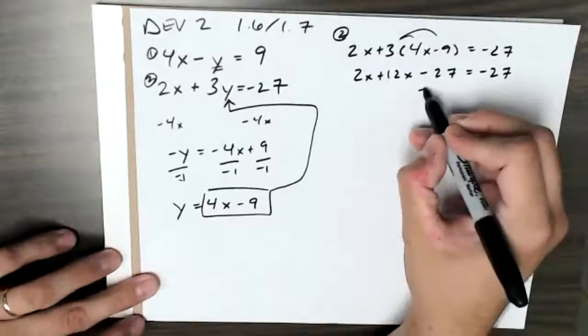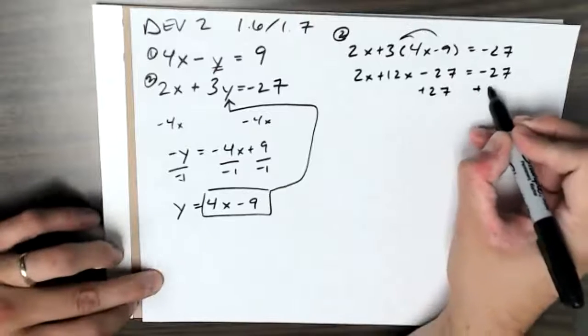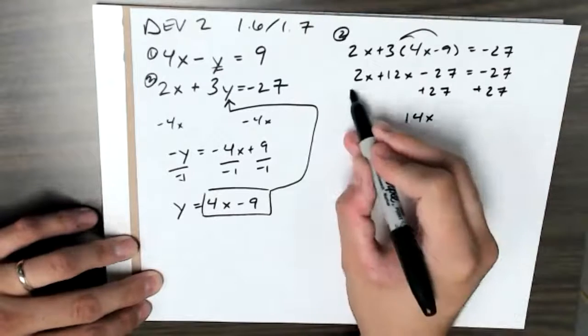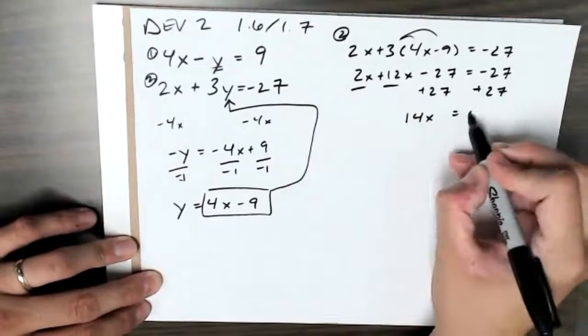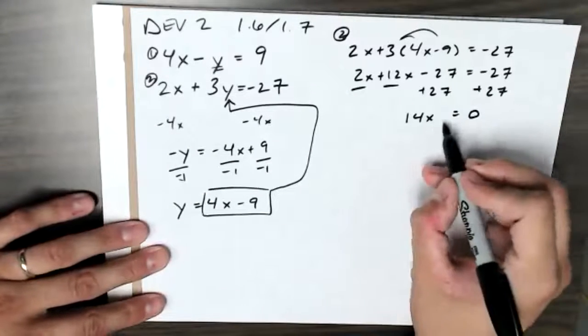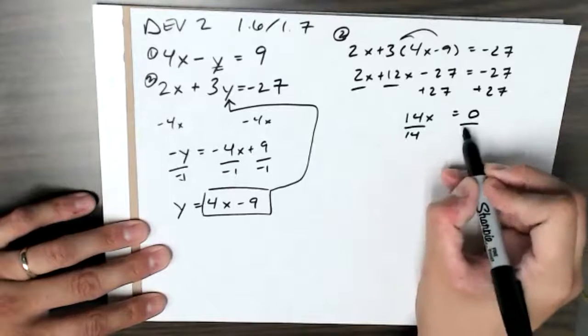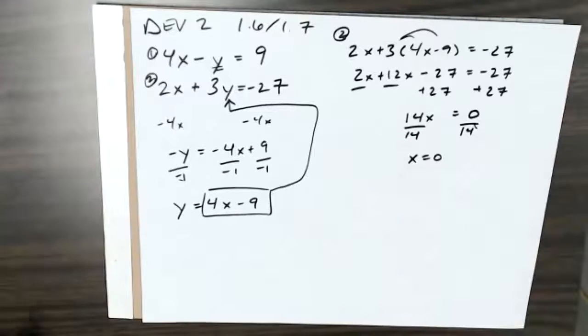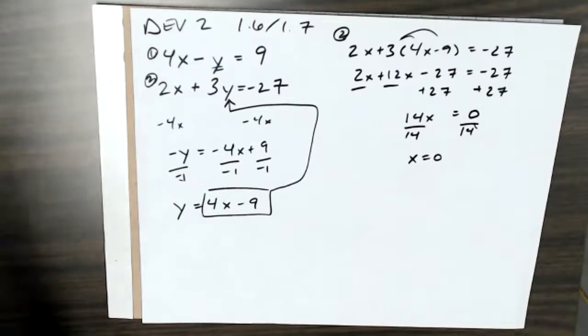Add the 27 over, we get 0, which is fine. We can have 0 on one side. So we get 14x when we add these two together equals 0. Well, that tells me x has to be 0, because 0 divided by anything is 0. And we wind up with x equals 0 as our x component of the solution.